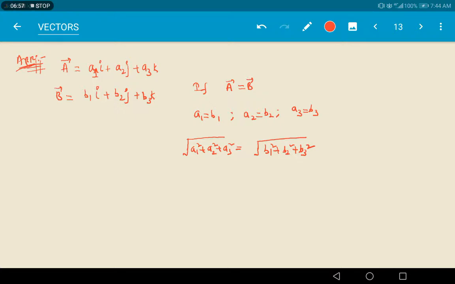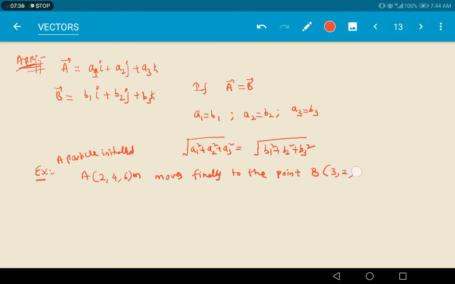Okay, so let us take one simple example. The initial position of a point is given. A particle initially at 2, 4, 6 meter moves finally to the point B 3, 2, minus 3.